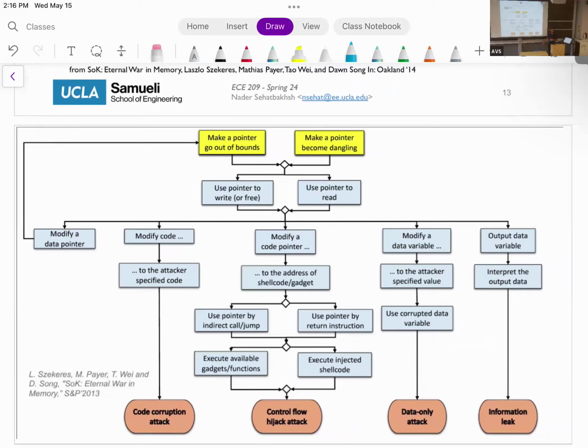Memory safety is one of the oldest problems in system security. That's why there are tons of different attacks happening in systems. Long story short, you've probably seen all of these, but let's review it together. The attacker can do four different things.